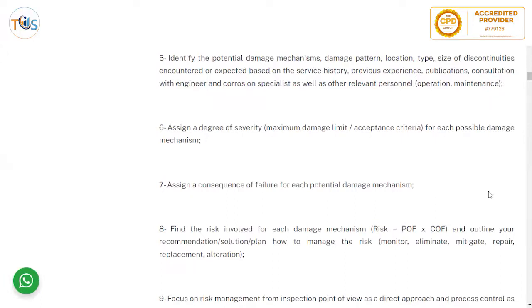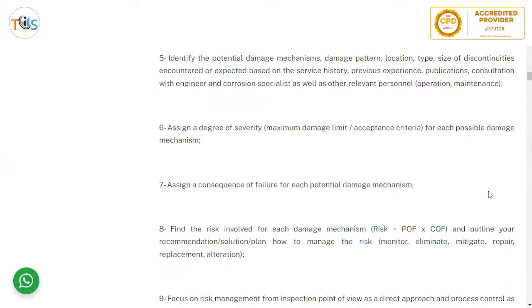Eventually, from the product of the probability of failure happening as a result of that particular damage mechanism and the consequence predicted from that damage mechanism, you can find the risk, because it is the product of probability of failure and consequence of failure. Then outline your recommendations and solution plan on how to manage the risk.